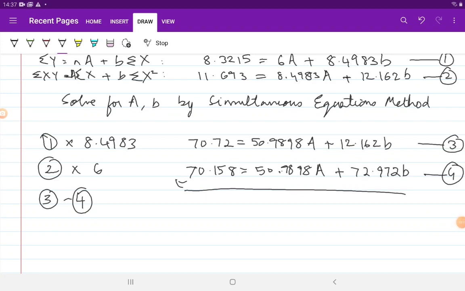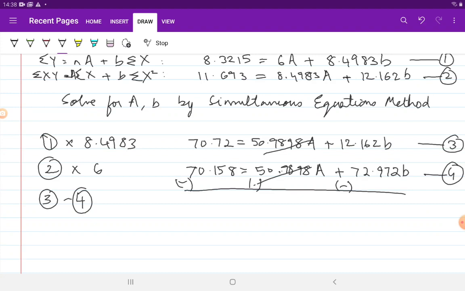So I'm naming these new equations equation 3 and 4, and now subtracting 3 minus 4, change all the signs of the second equation, and then A cancels out.